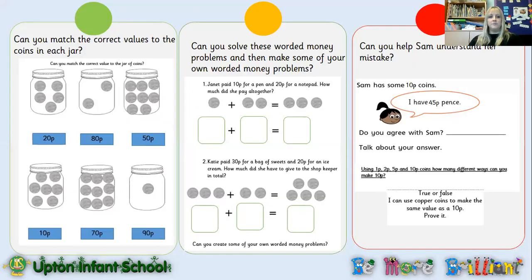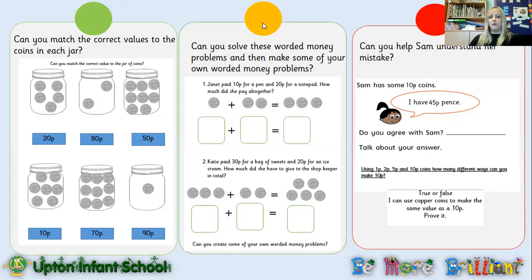Okay, so today, if you're going to have a go at the green challenge, what I'd like you to do is look at the values in each of my pots, and a bit like I did in my plenary yesterday, can you match up the correct amount to the correct price? Okay, so count in tens really carefully, match that amount in there to the correct number below.